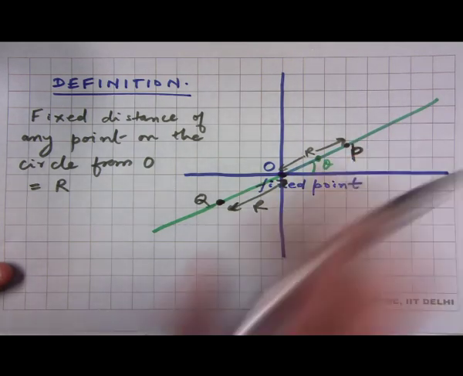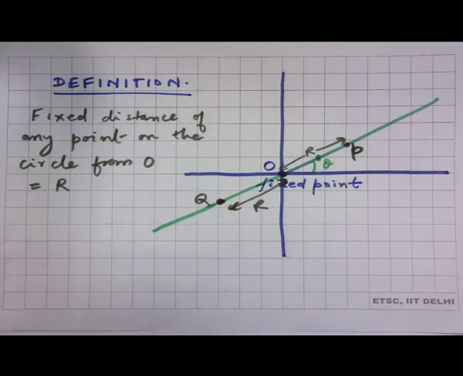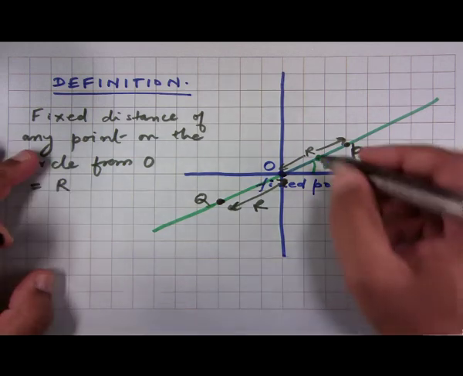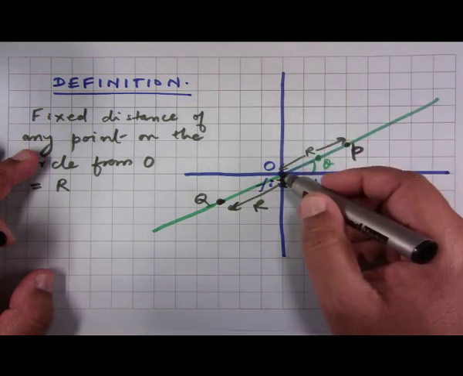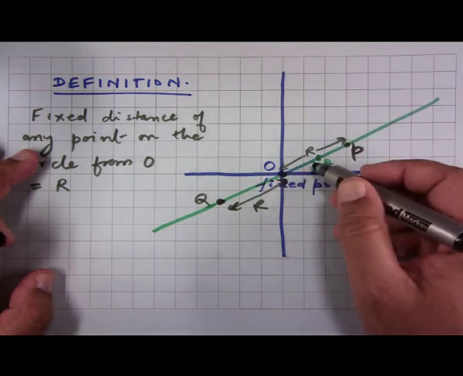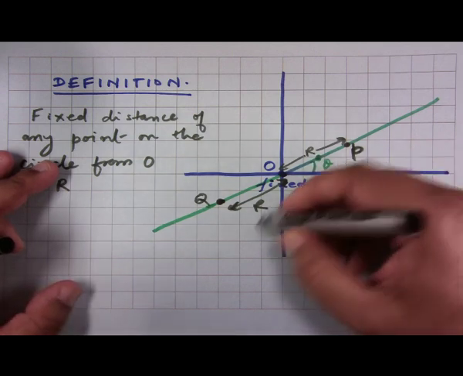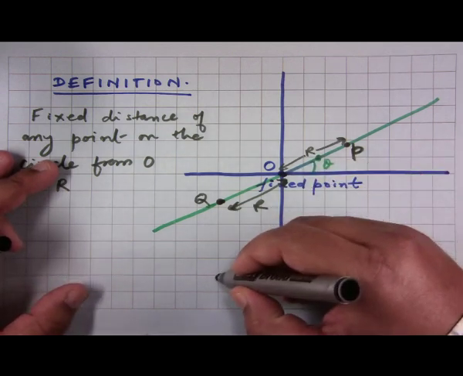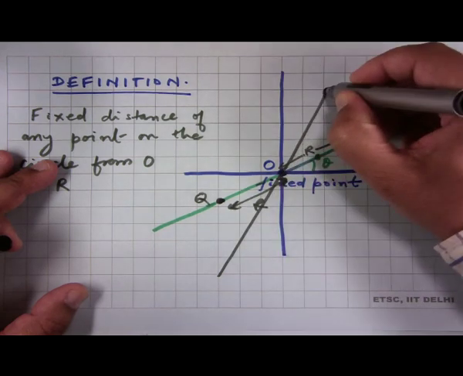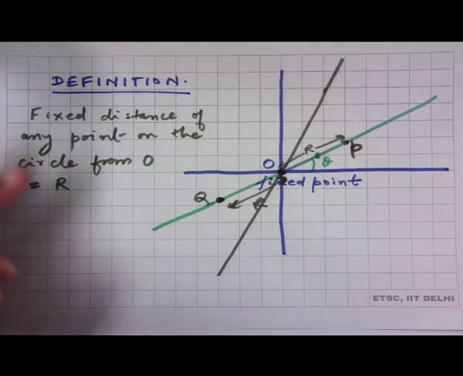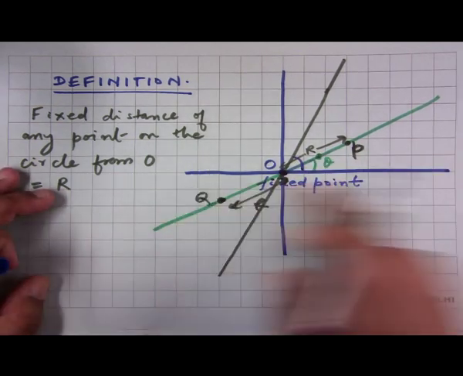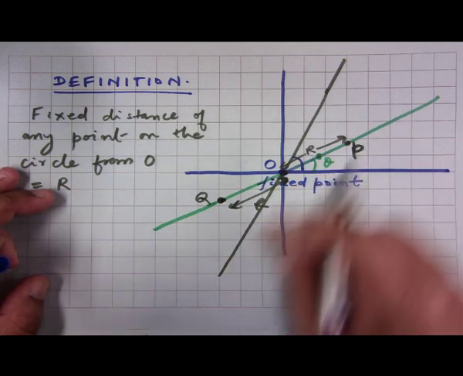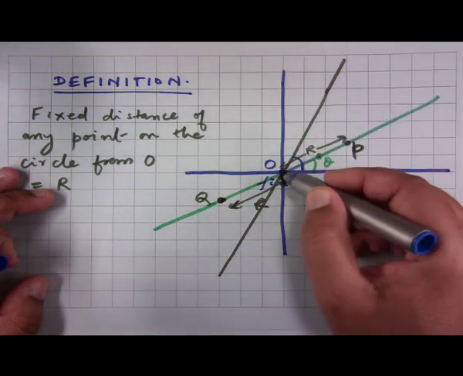Can we find more points like these? Of course, we can. It is not very difficult, because we can draw another straight line which again passes through O, but at some other angle. Instead of theta, it could be some other angle. So, for example, we have this straight line at some other angle with respect to the horizontal line. Again, on this straight line there will definitely exist some point.